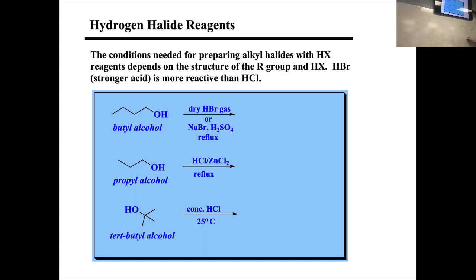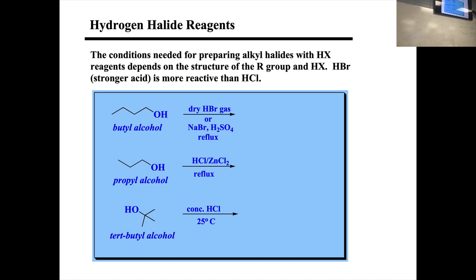Now we take this propyl alcohol, and you all would name that how? 1-propanol. Okay, good. And they take HCl. Then they add this stuff called zinc chloride, and then they reflux it. And what's the product going to be?